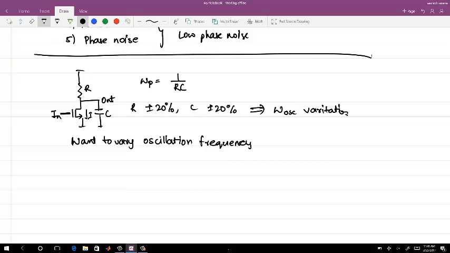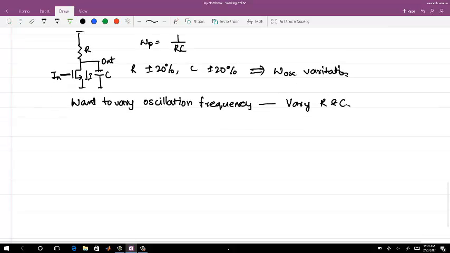So to vary the oscillation frequency, I can vary R and C. Now, how do you vary R and C as such? So let me pick up C as such.